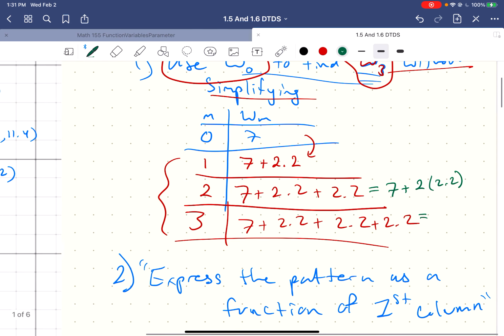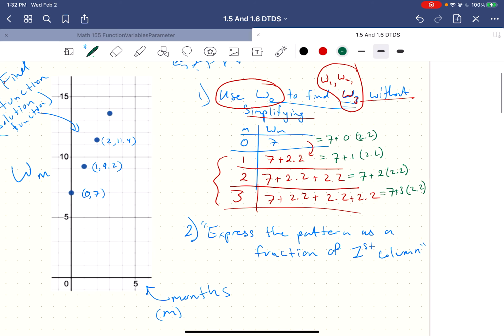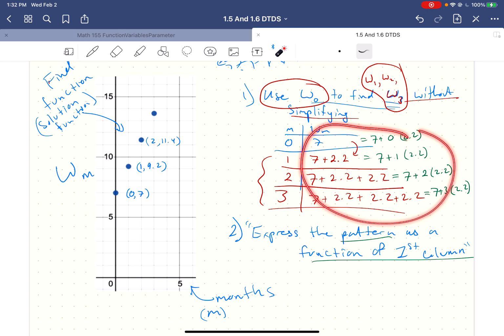And this is the same as 7 plus 3 times 2.2. And this is the same as 7 plus 1 times 2.2. And this is the same as 7 plus 0 times 2.2. And I'm just doing this because I'm trying to find a pattern that makes my output, my column over here, a function of my column over here.